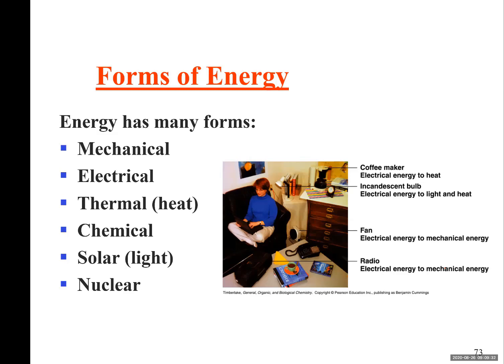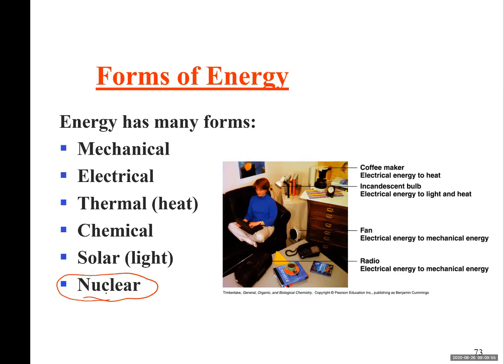So guys, can you give me an example of conversion of nuclear energy to solar energy? Anybody? Open your audio. Give me an example of conversion of nuclear energy to light.